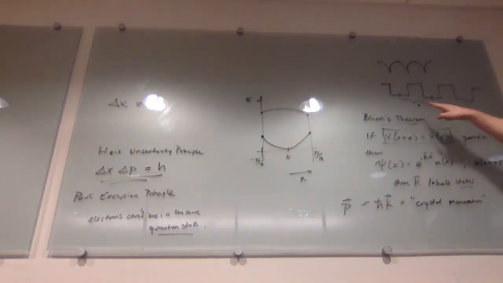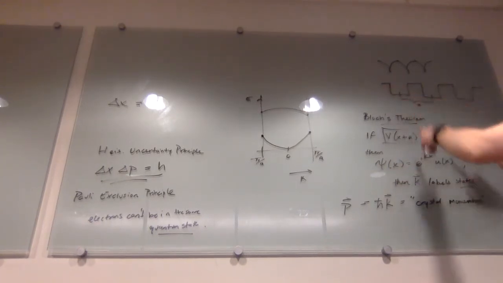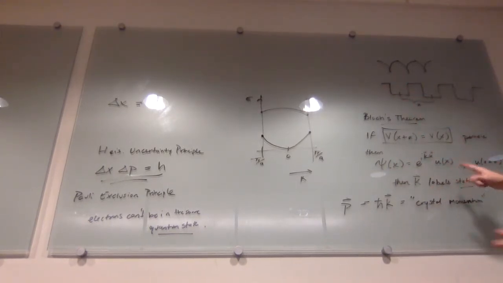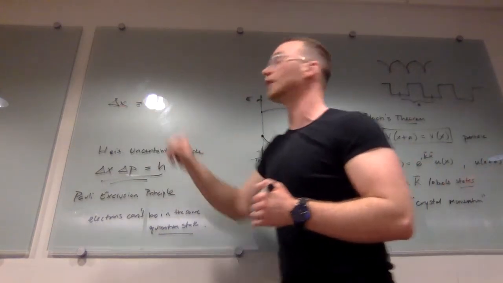And the reason for that is because if our uncertainty in position is more than this, it doesn't even make sense. It's not really in a period. This is periodic. This requires us to have a limit on the delta x.